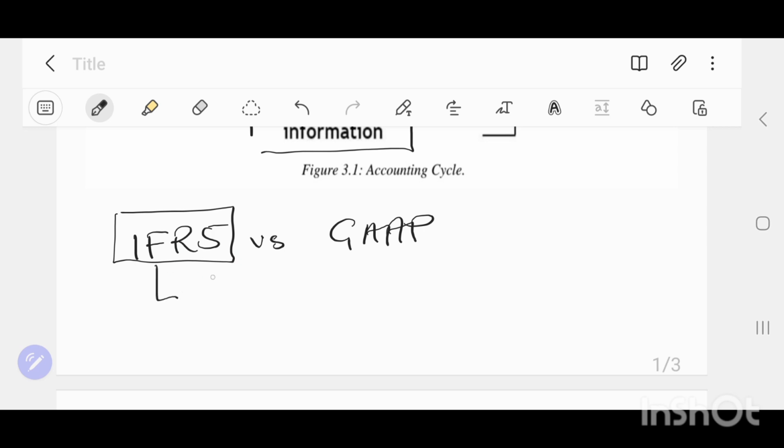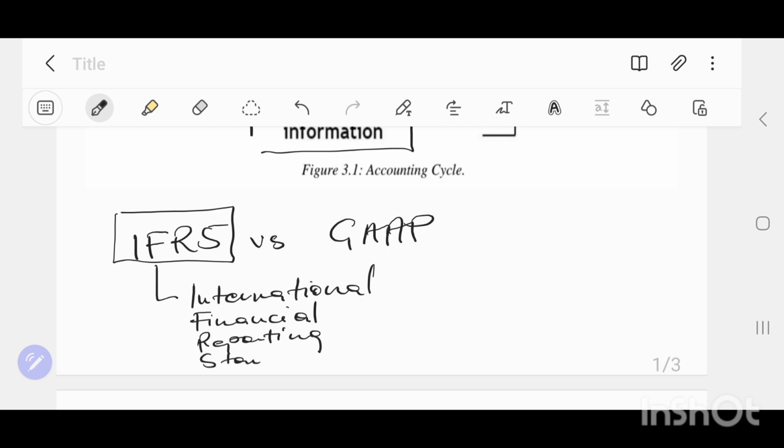IFRS stands for the International Financial Reporting Standards. So these are the international reporting standards that we use in accounting. So these are the principles that we use to record information.